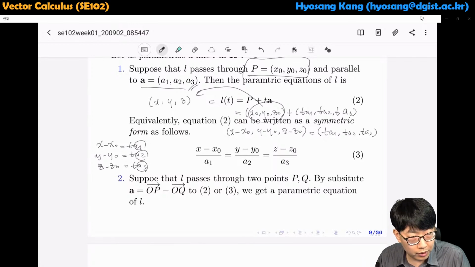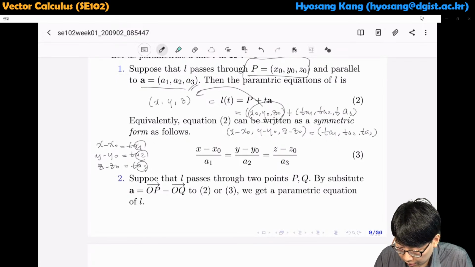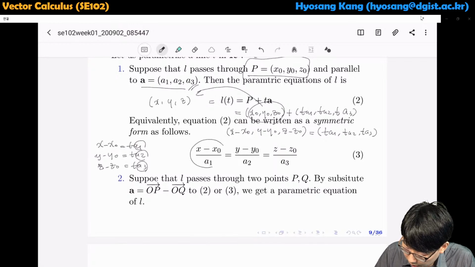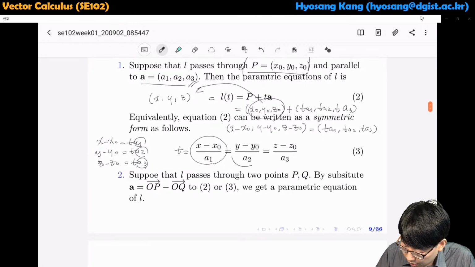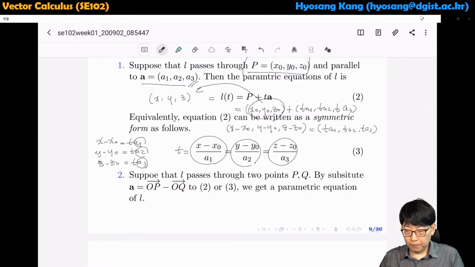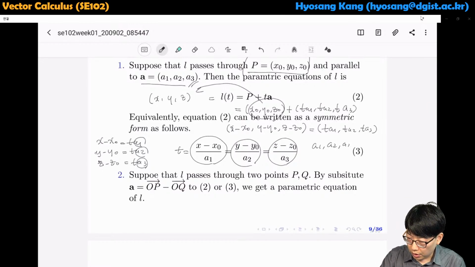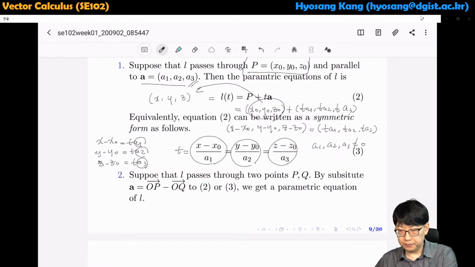Assuming that a1, a2, a3 are not 0, you can divide on both sides so that each of these fractions equals t. This only works when a1, a2, a3 are not 0. Okay, so this is another way of defining the equation of a line.